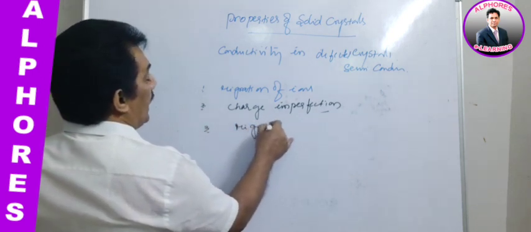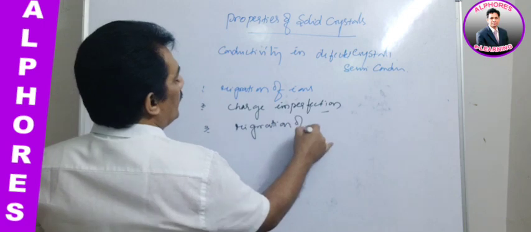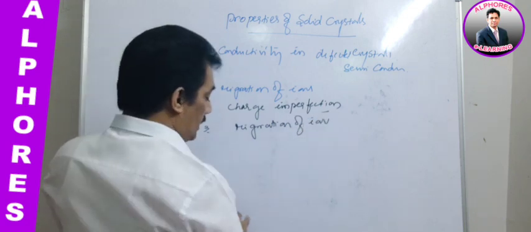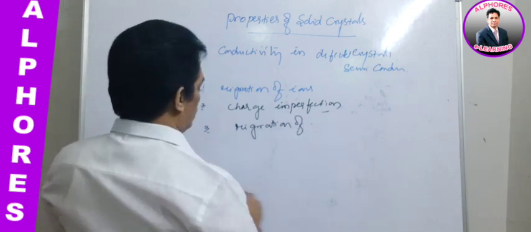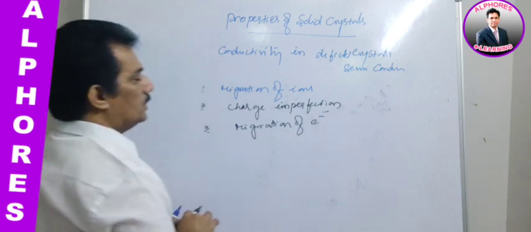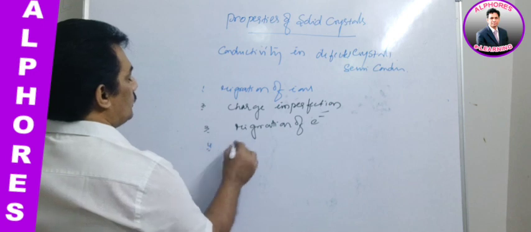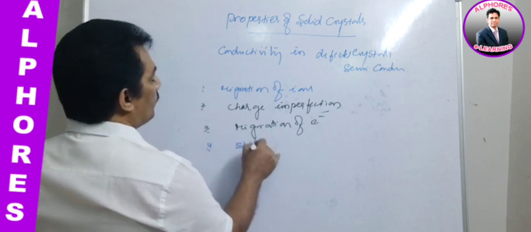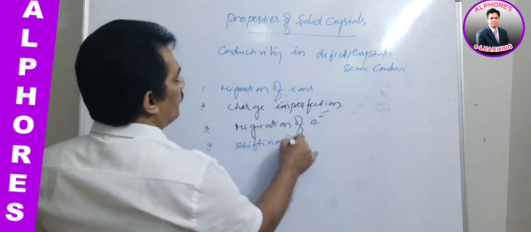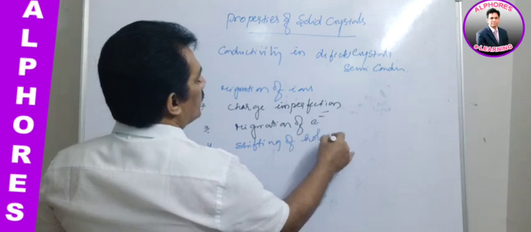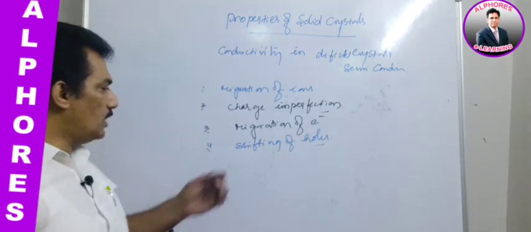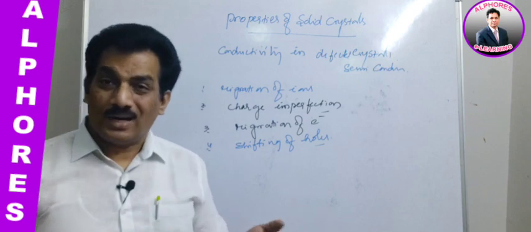migration of electrons. Already we know, when free electrons are present, there is migration of electrons. And the fourth one is due to shifting of holes. Already you know what a hole is. Holes mostly occur in the conducting band.